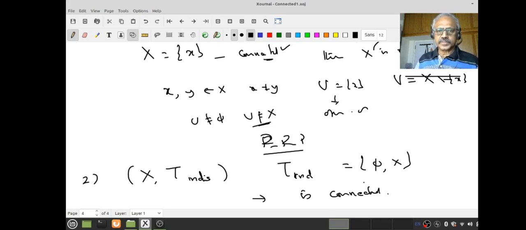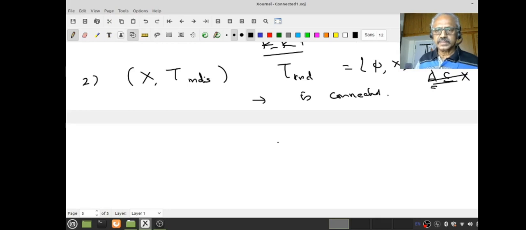See, what are the open sets for the indiscrete topology? Empty set. Is it closed? It's also closed. If I start with a subset A of X, I want it to be open, that means either A must be the empty set or equal to X. That's enough. You follow that?